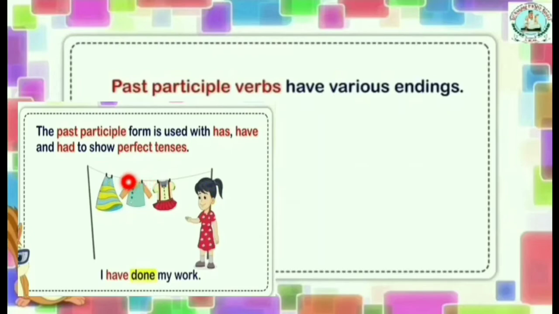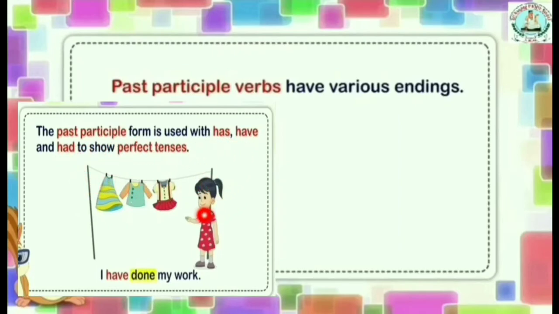Where do you have to use the past participle form of verb? In perfect tenses. Do you know perfect tenses? Present perfect tense, past perfect tense and future perfect tense. We use them along with the helping verbs has, have, had.